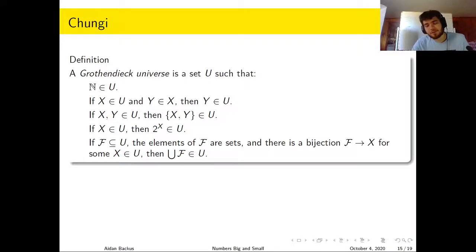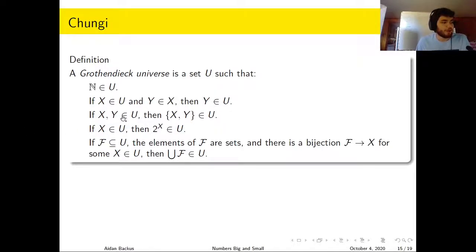To understand the properties of measurable cardinals, I need to introduce this technical device called the Grothendieck universe. So what is a Grothendieck universe? It is a set U with the following properties. The set of natural numbers, not each individual natural number, but the set of natural numbers, is in U. If x is in U and y is in x, then y is in U. We call such a thing a transitive set.